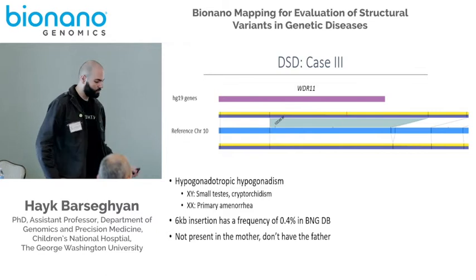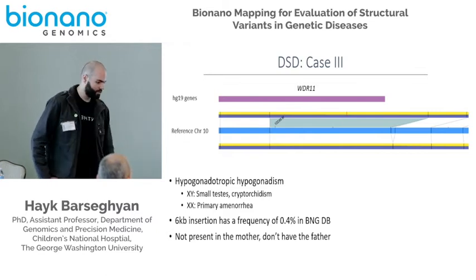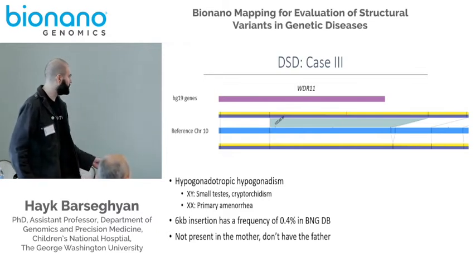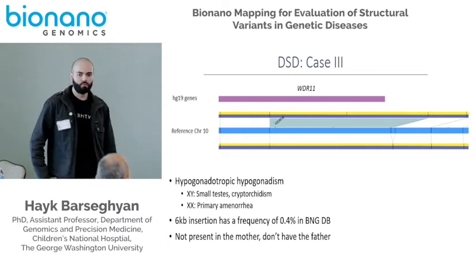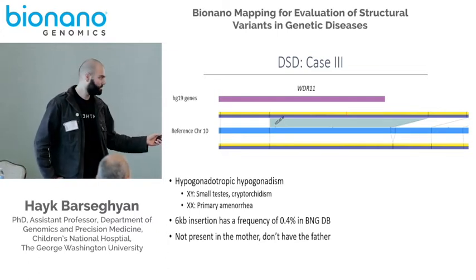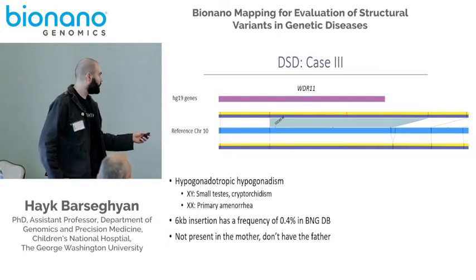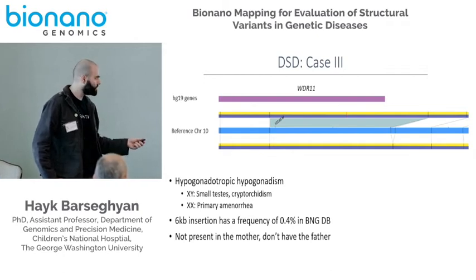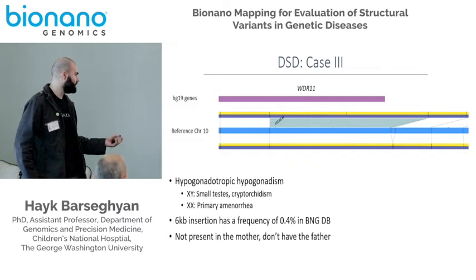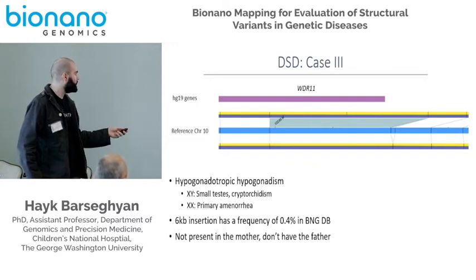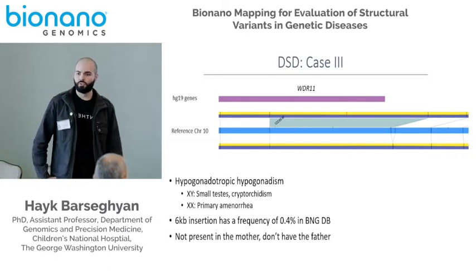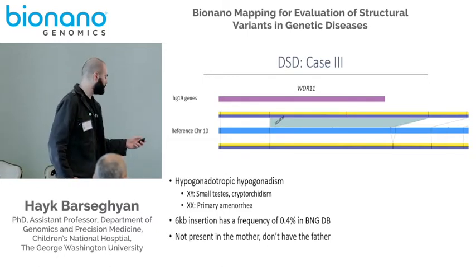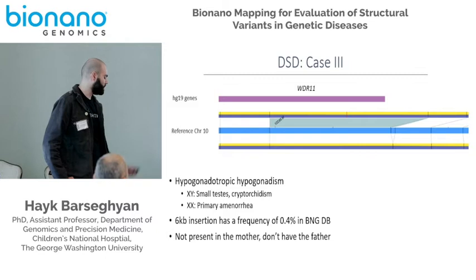The only thing is that this person is actually 46XY, we did not have the father for this, so we don't know whether the father is a carrier for this, so it's a little difficult for us to call this a de novo variant and diagnose it. So it's a research finding. The phenotype is actually fitting somewhat well, but we don't know exactly where it lies. So we'll have to do either long-range PCR to find the insertion or incorporate it with whole genome.